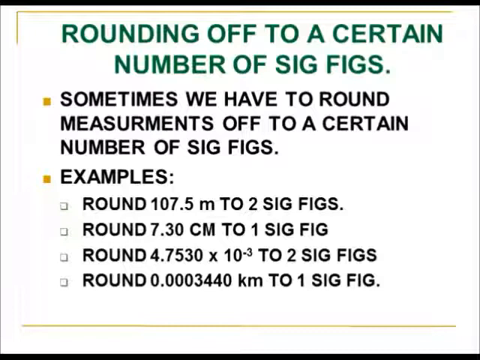The last one wants me to round to just 1 significant figure. Since the 3, 4 is not above 5, I'm going to round down, so it would actually be 0.0003. That would be 1 significant figure. That's how you do some rounding when it comes to sig figs.